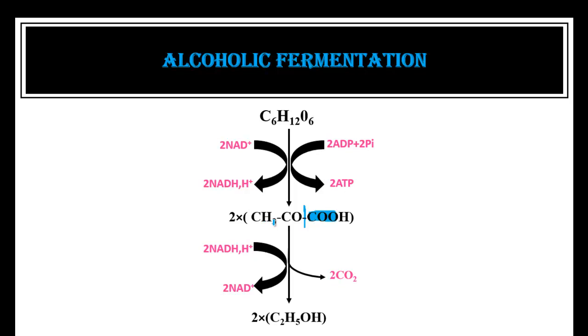So here we have 3 protons and here we have another one. So we only have 4 hydrogen atoms, in addition to the 2 protons received from one NADH plus, so the total is going to be 6 protons.